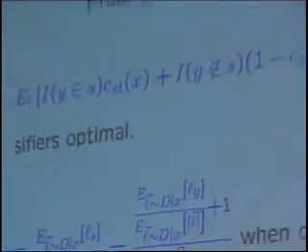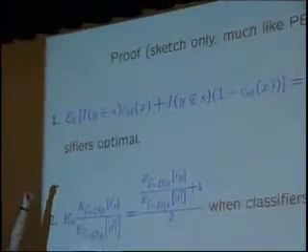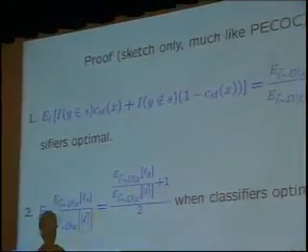I'm going to spare you the full proof, but I'll tell you roughly how it works. The proof is actually very similar to Peacock. The inner part of that integral, just fix S and fix Y. Just the expectation, fix T of that quantity.